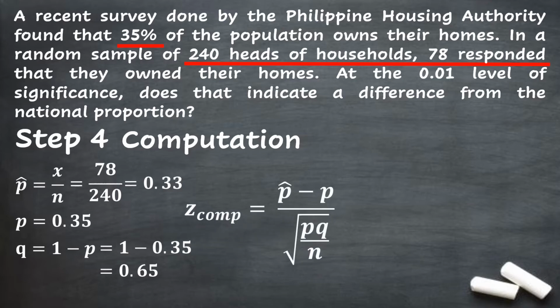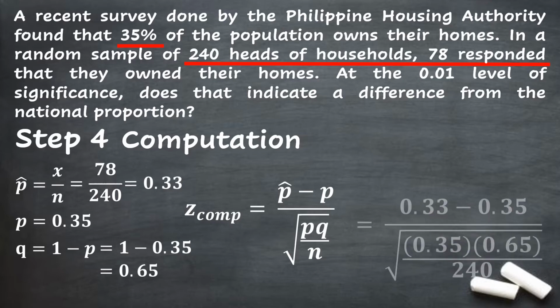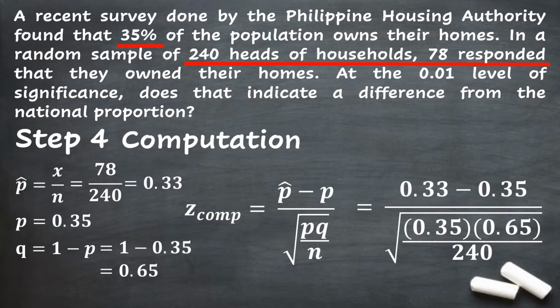Now that the values are complete, we can substitute in the given formula for z-test of proportion. Substituting, we will have 0.33 minus 0.35 all over the square root of 0.35 multiplied by 0.65 all over 240.